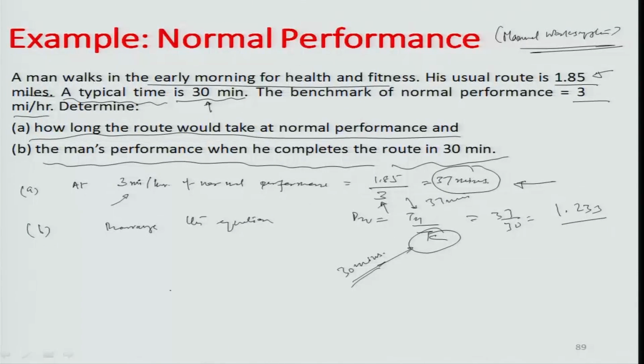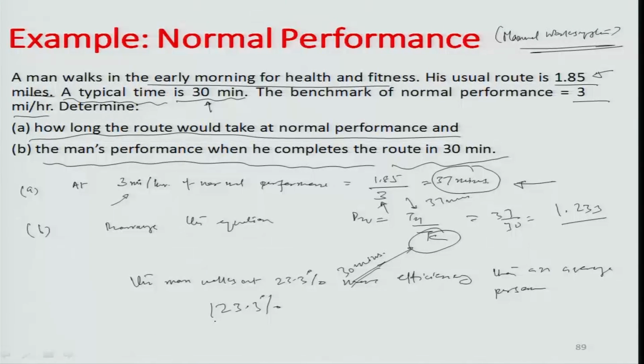So, the man walks at 23.3% more efficiency than an average person. Or in other words, he walks at 123.3% of what a normal person would actually do.